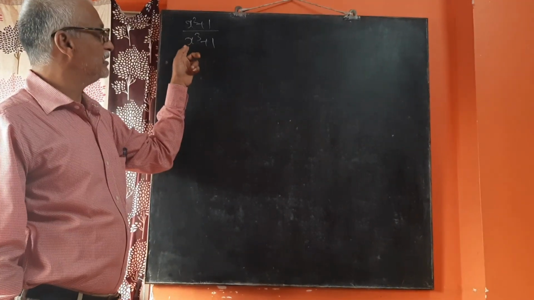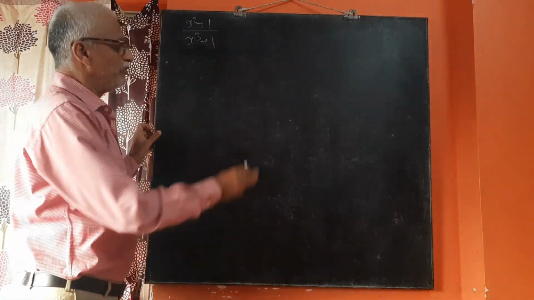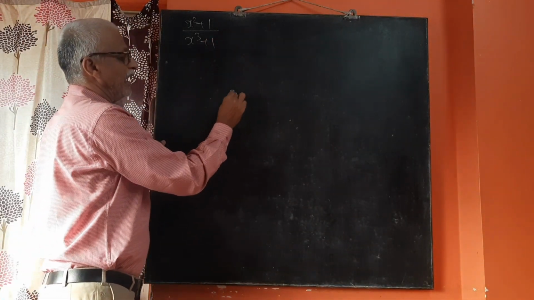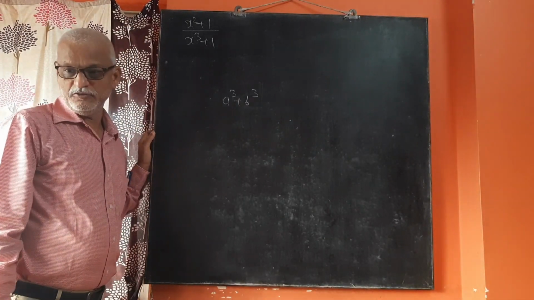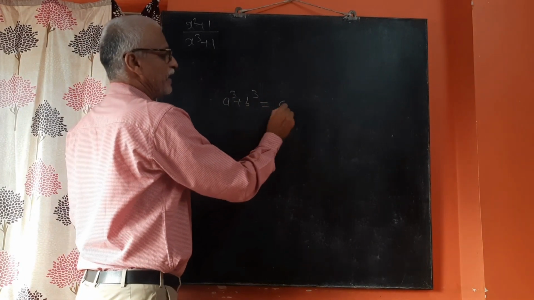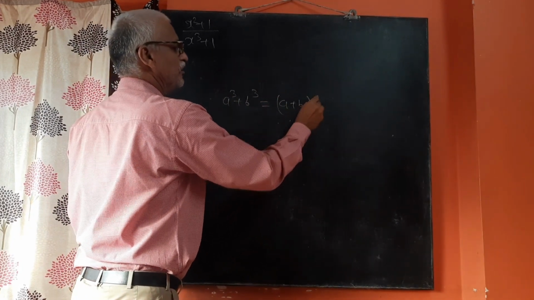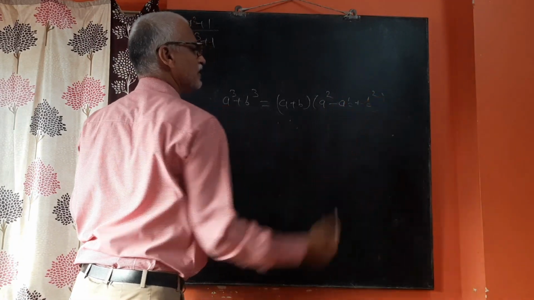So first we have to write down this cubic equation in the quadratic form. You have to factorize it. If you remember, the factors of a cube plus b cube are a plus b into a square minus ab plus b square.